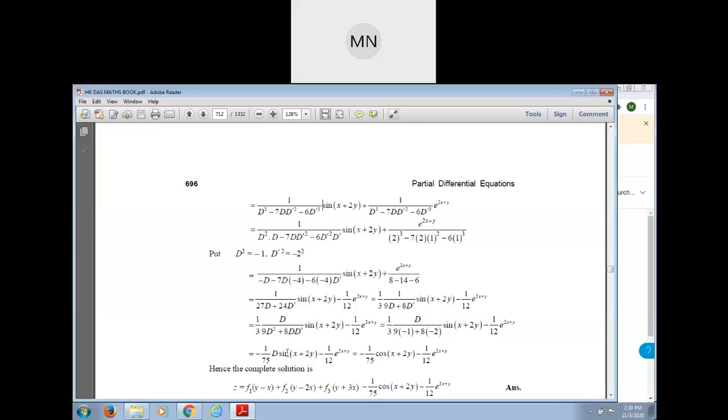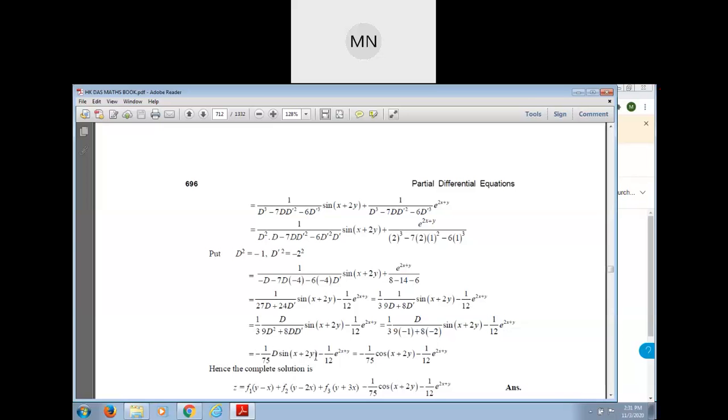First you have to differentiate for this function. Sin of the argument gives us cos of x plus twice y, and next you have to differentiate this term also, x plus twice y. Differentiation of x will be 1, because we partially differentiate with respect to x, so y can be treated as constant.